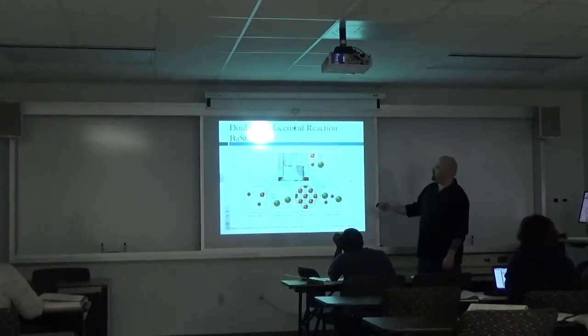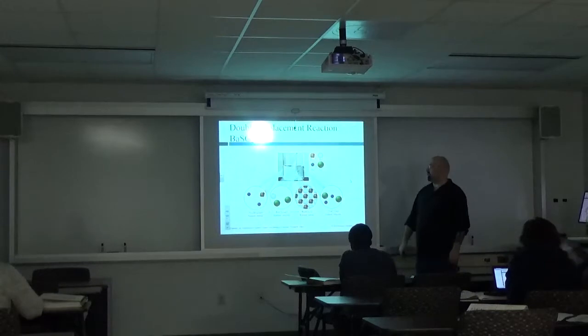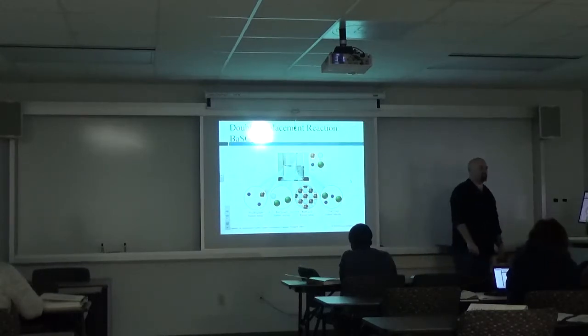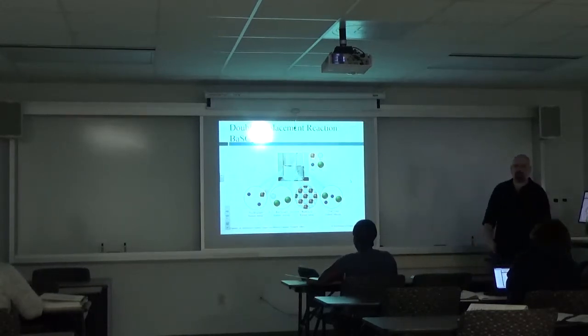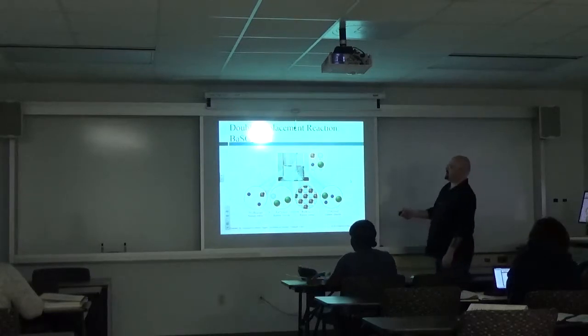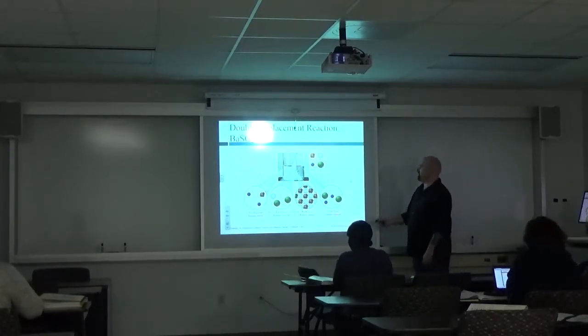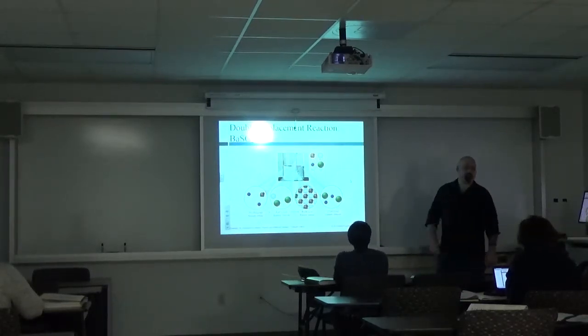You combine them at this point where it's dripping in, and you see this, it's kind of hard to see, but there's a white cloud forming right there. That's the barium sulfate. Barium sulfate, at least under these conditions, is not aqueous, does not dissolve, and therefore it precipitates out as a solid, and we're left with sodium chloride in solution.